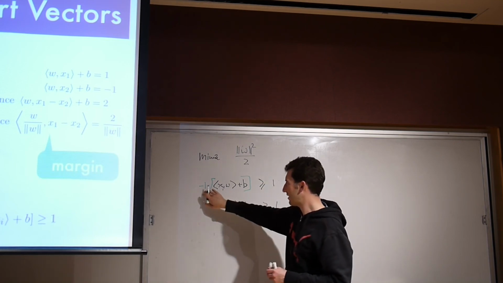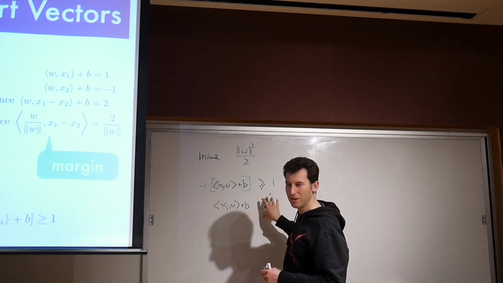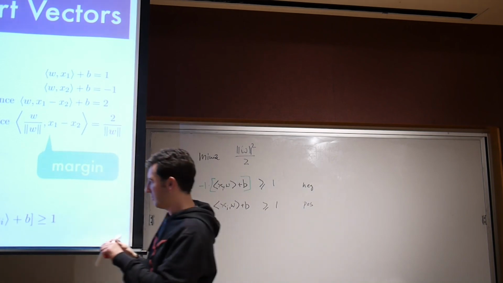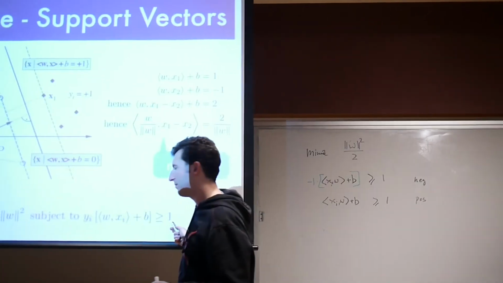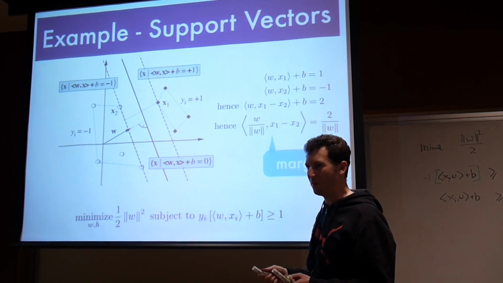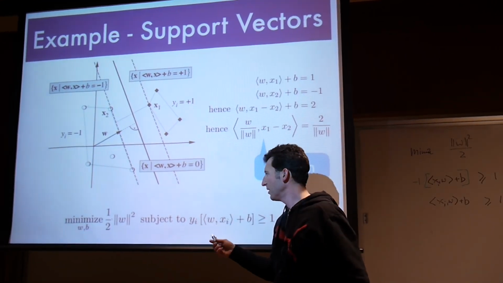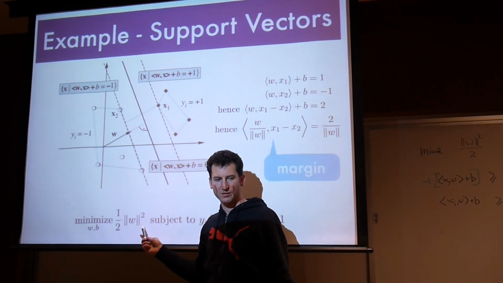Now that's exactly, with the label being 1 or minus 1 of the classification problem, we get this constraint here. So this is a quadratic program. It's a quadratic program because we have linear constraints and a quadratic objective function.